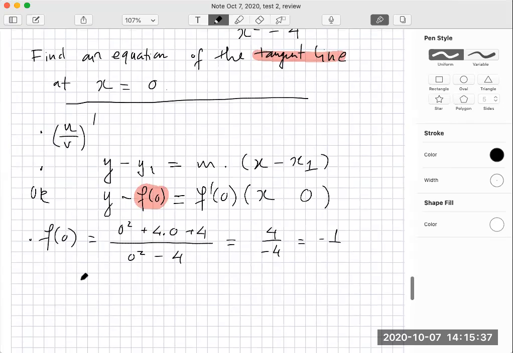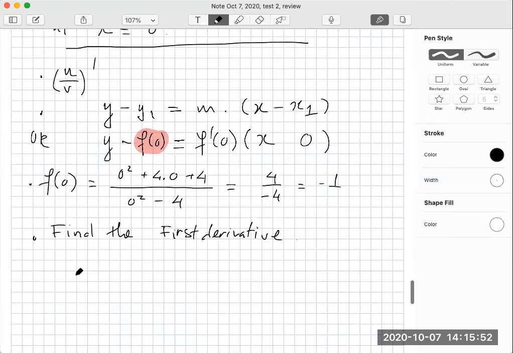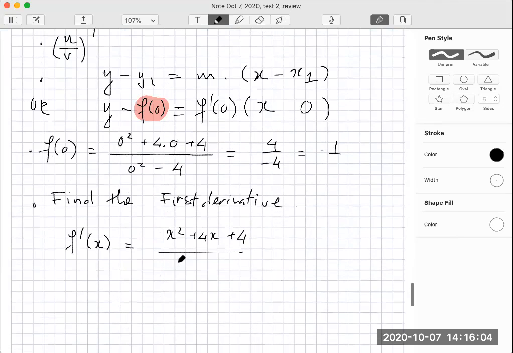And then, in general form, we need to find the first derivative of this function, right? It means we need to find f prime at x. x squared plus 4x plus 4, divided by x squared minus 4.